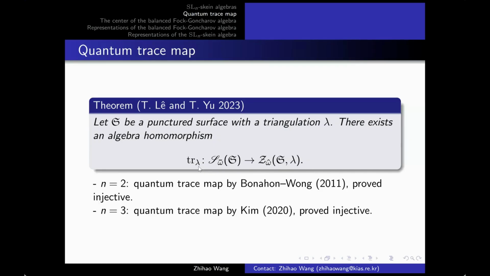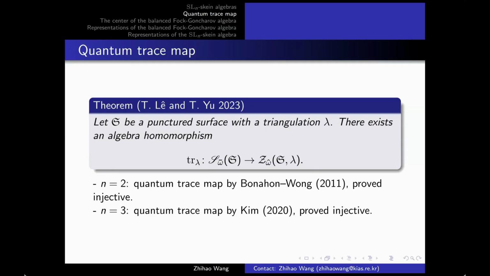The highest terms we call the coordinates of the basis elements. We can use this to calculate the center of the SL skein algebra, and also we can study the representation theory of the SL skein algebra. This is why the quantum trace map is important.